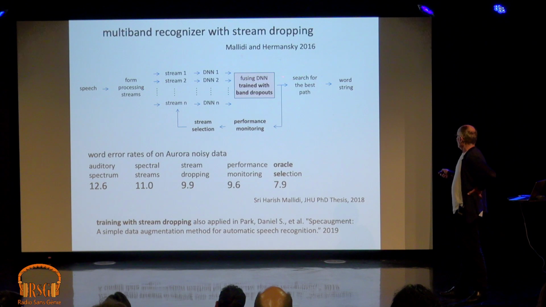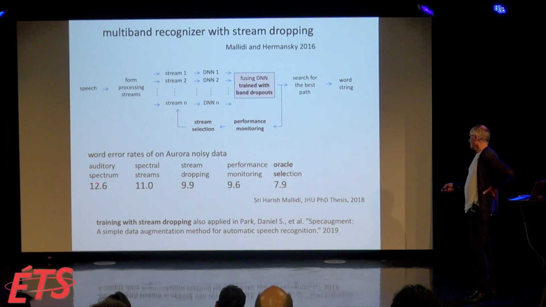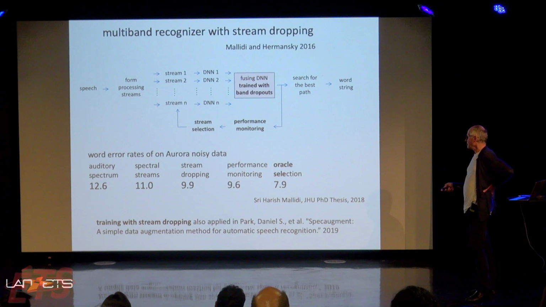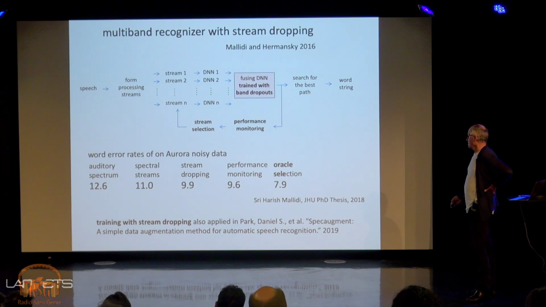But then at the output, you look at the performance monitor and you try to form a better combination of streams. So here, if you do nothing, you get 12.5%. If you just do the individual spectral streams, you do better, you get about 11%. If you train with the stream dropping, there is quite a bit of improvement.